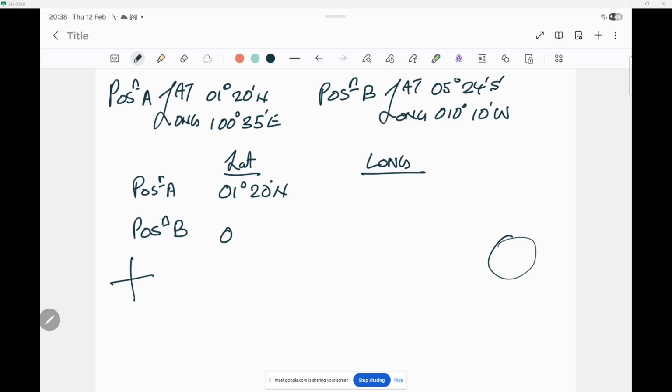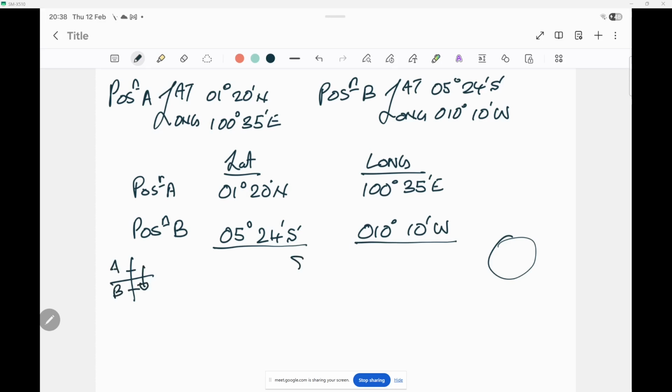Position B latitude is 5 degrees 24 minutes south. Position A longitude is 100 degrees 35 minutes east. Position B longitude is 10 degrees 10 minutes west. So position A is in north, position B in south, so you are going towards south.